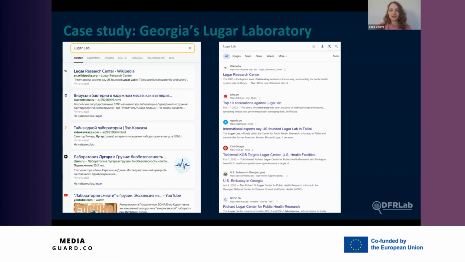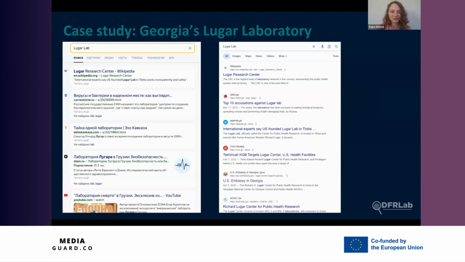And this is very good evidence of how this is done. So if we search for Lugar Lab in Yandex, the first result is a Wikipedia article, but the second one is already viruses and bacteria of one of the laboratories.